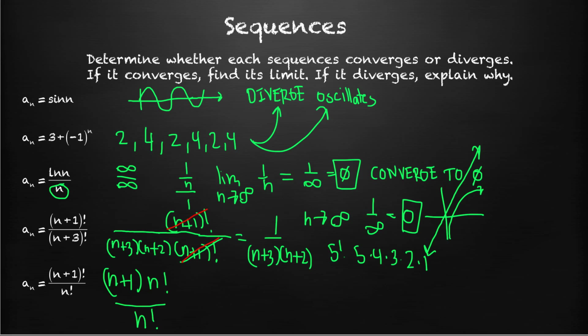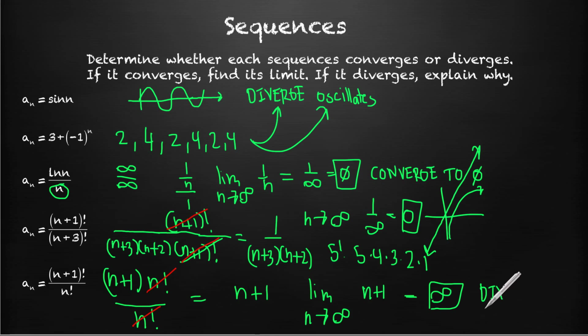And so we can see that the n factorial on the bottom and n factorial on the top cancel, leaving us with n plus 1 on the top. And so now if we take the limit as n approaches infinity of n plus 1, well, that's just equal to infinity. And so because we got infinity, this is going to diverge.